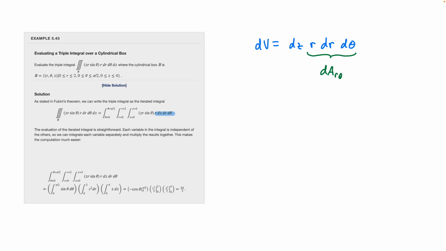So to set up the triple, the only thing that you really need to remember is that the volume differential is going to be comprised of dz and then the area differential in polar coordinates, which has the extra factor of r. Nice.